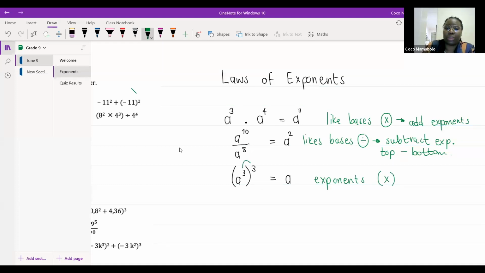I know that this should be 3 times 3, which is 9. What we're actually doing is raising A to the power of 3 to the power of 3. So technically we have A to the power of 3 times A to the power of 3 times A to the power of 3, which gives us A to the power of 3 plus 3 plus 3, which is the same as 3 times 3, giving us A to the power of 9. So these two things are actually the same.